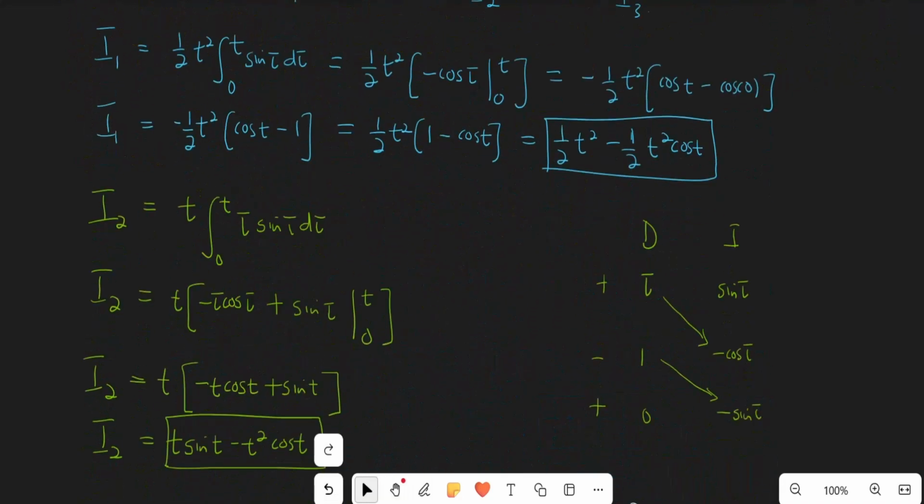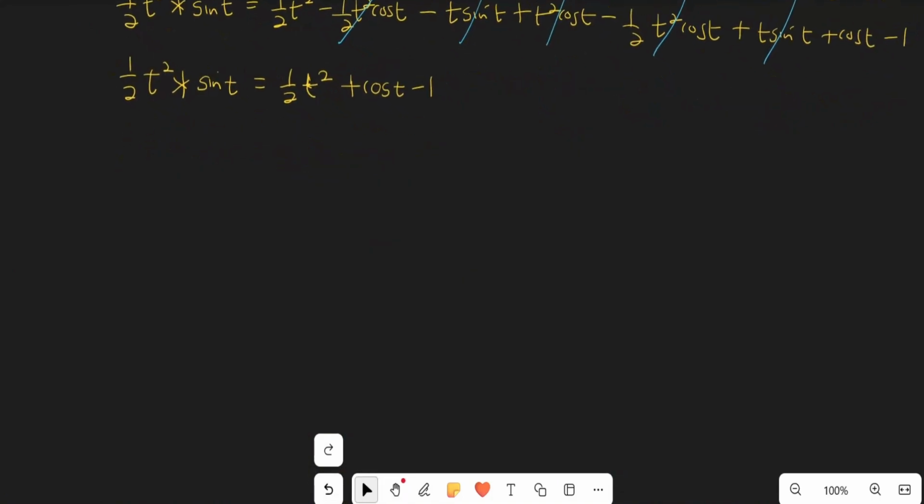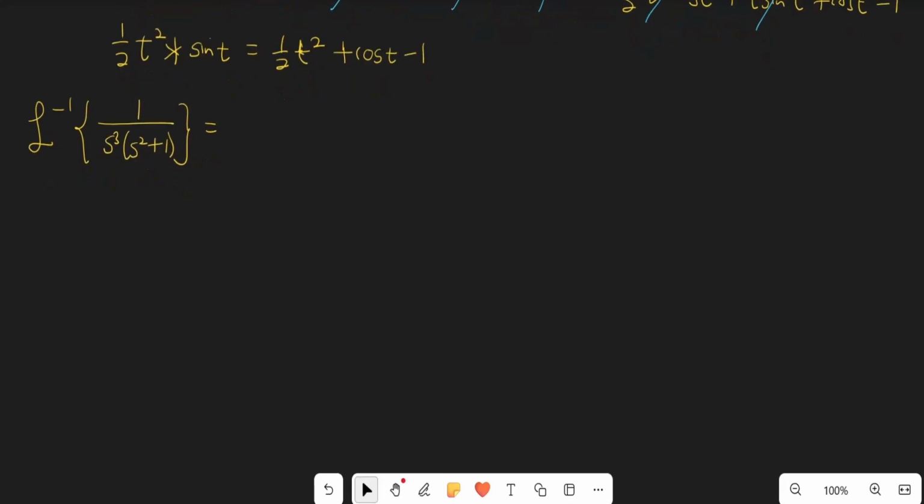So we are now wrapping up. The Laplace inverse of 1 over s cubed multiplied by s squared plus 1 is equal to 1/2 t squared plus cosine of t minus 1. And this one is the answer to our Laplace inverse problem.